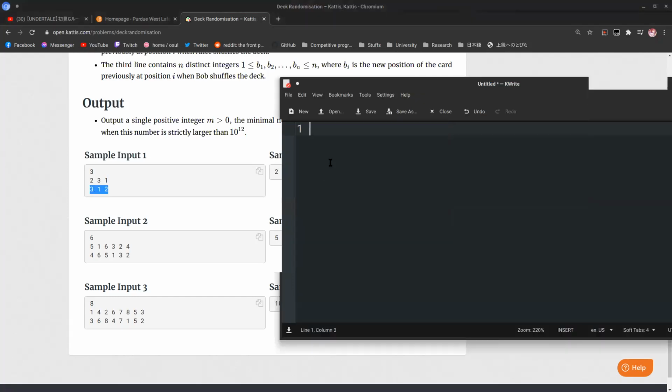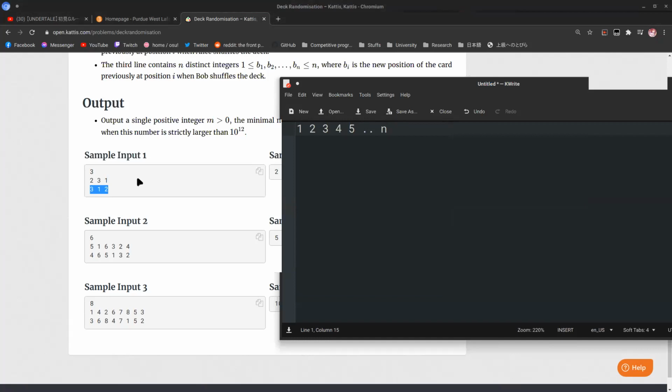Initially they give you an identity permutation, 1, 2, 3, 4, 5 up to n. Alice and Bob take turns to shuffle this deck of cards, first Alice and then Bob, and then Alice and then Bob.